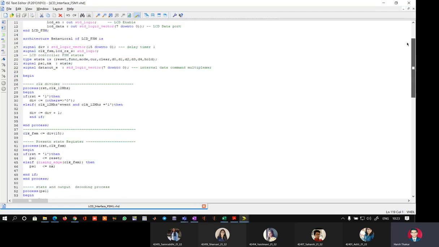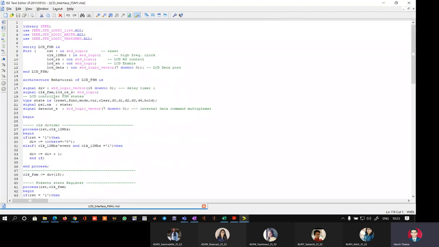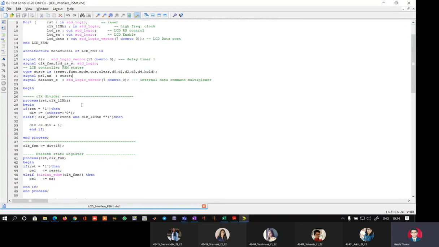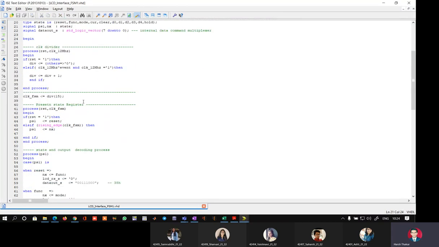So basically LCD_EN is driven by the dummy signal clock_FSM. The LCD_RS_S dummy signal drives the output signal LCD_RS, and the dummy signal data_out_S drives my output signal LCD_data. Now we come to the point of explaining what are the different functions performed by all 3 processes.